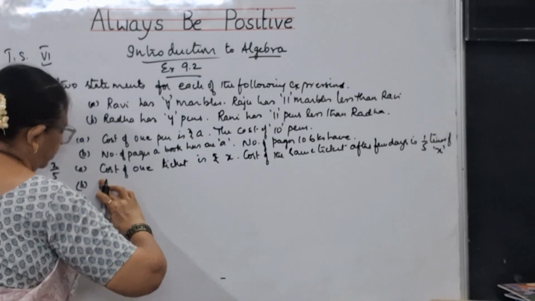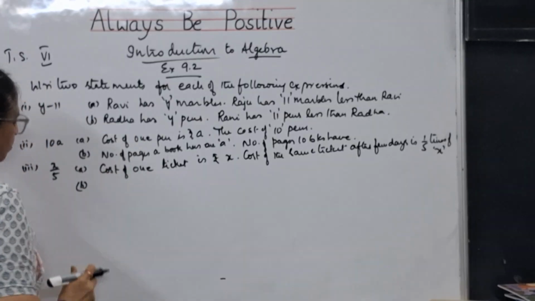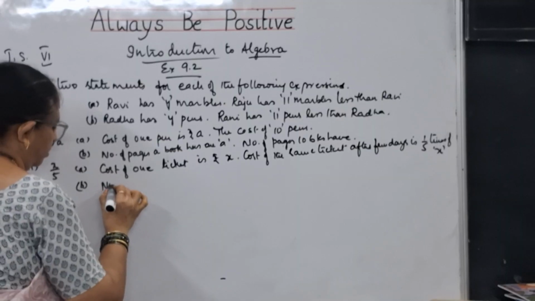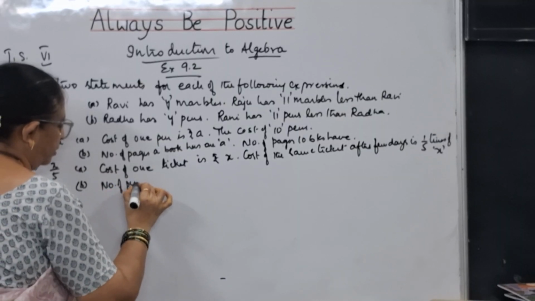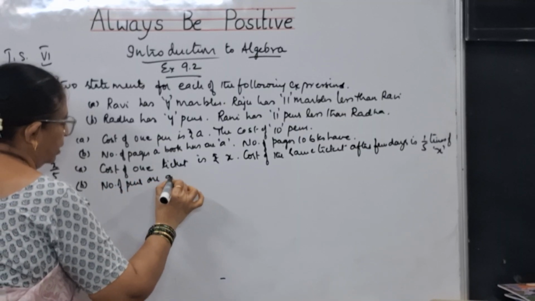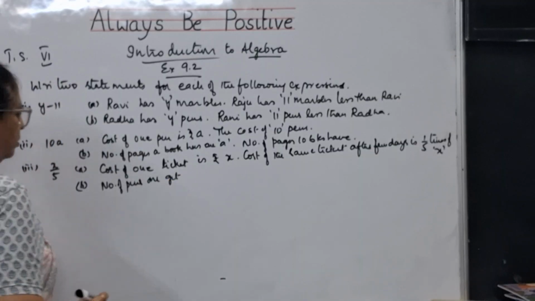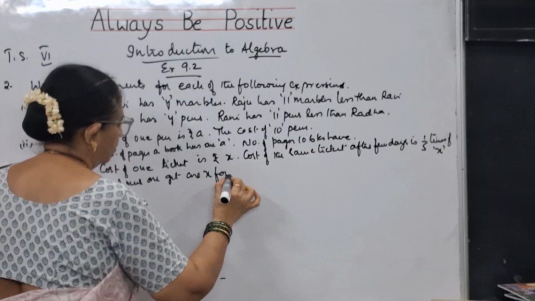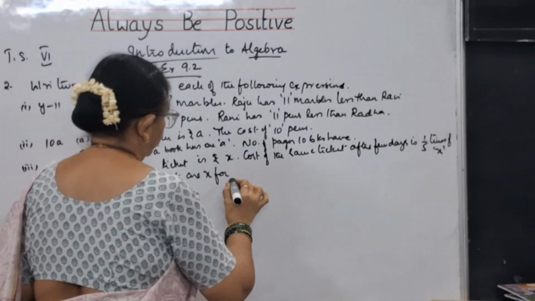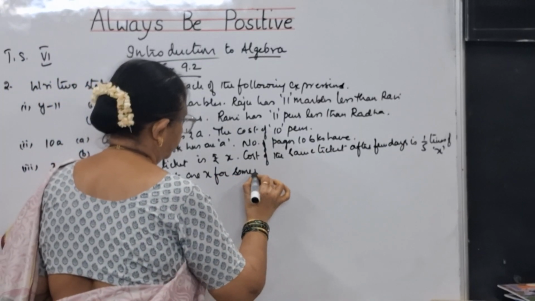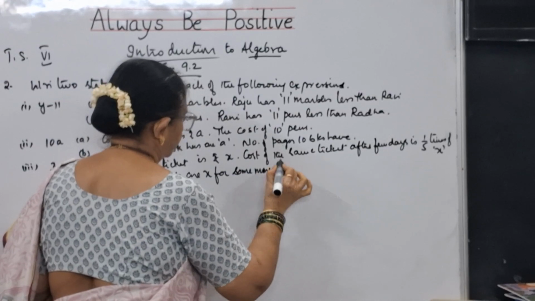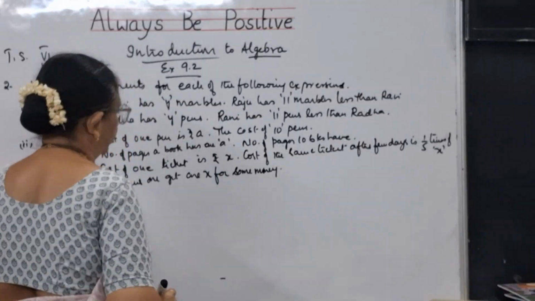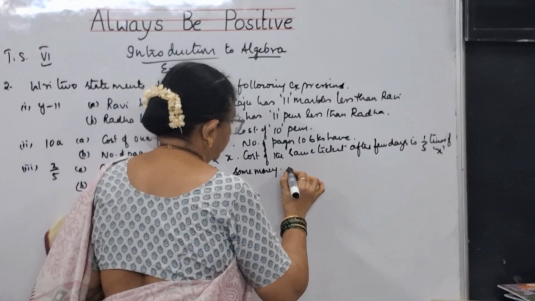I can write number of pens. Number of pens one gets are x for some money. And number of pens he gets for 1/5 of that rate.